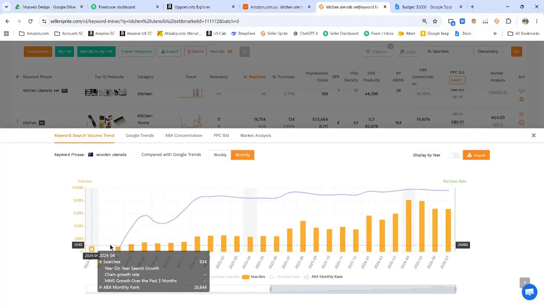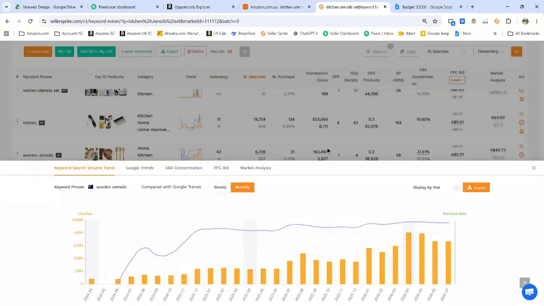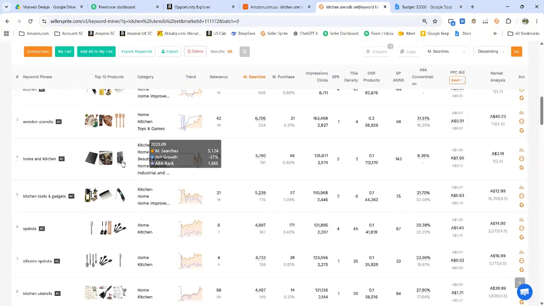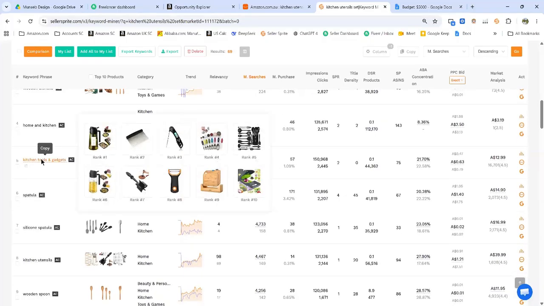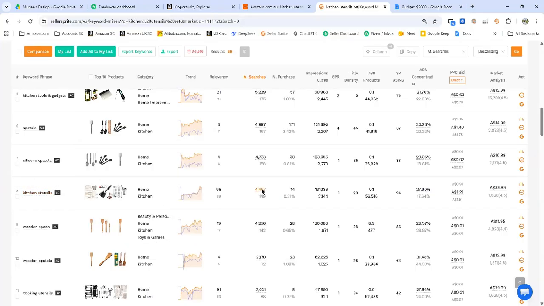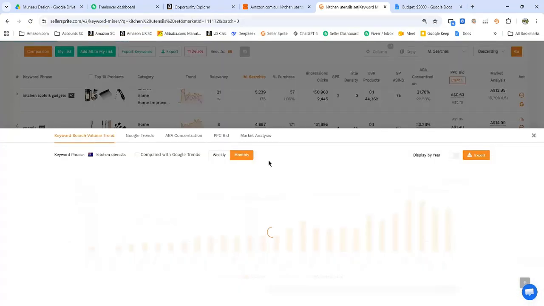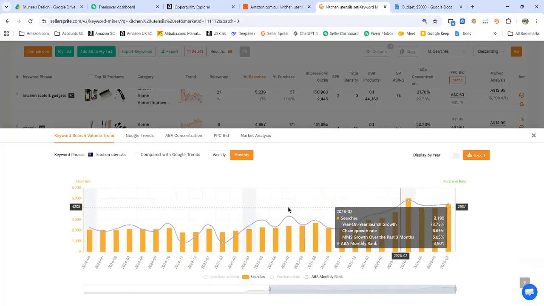As you can see, it is consistently growing. So it's a good keyword. Number one, home and kitchen is again a very generic keyword. Kitchen tools, no. Spatula, no. Kitchen utensil, yes. We will check it. This keyword is also very consistent.